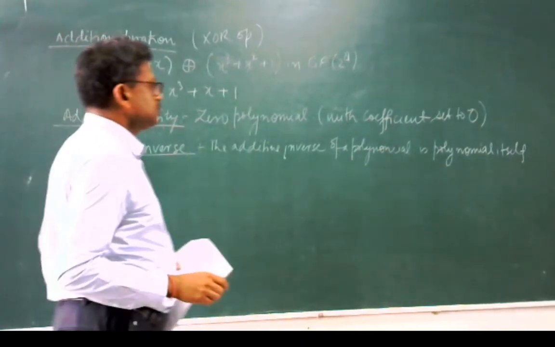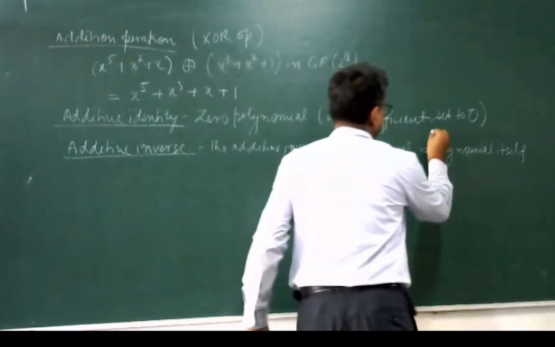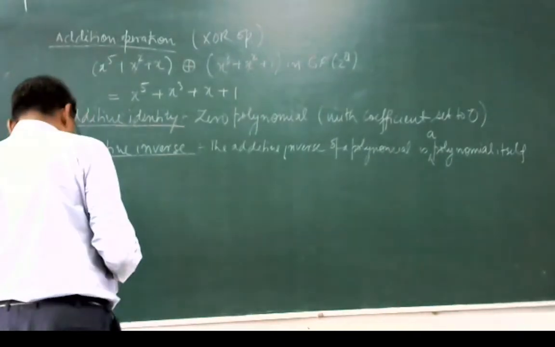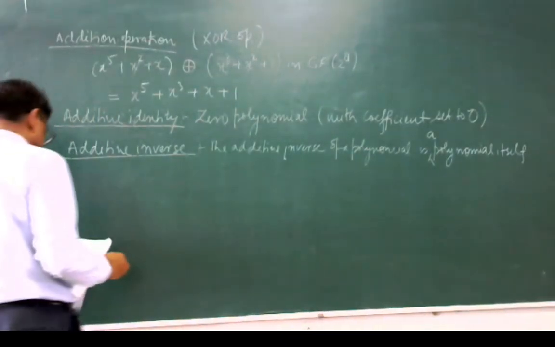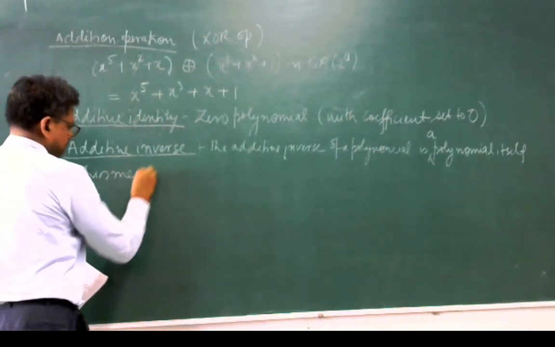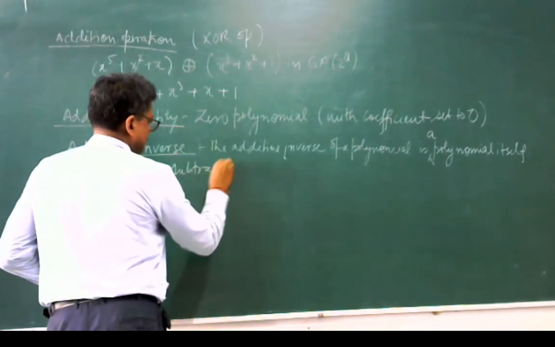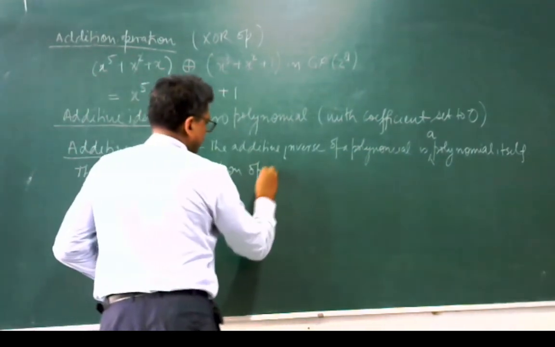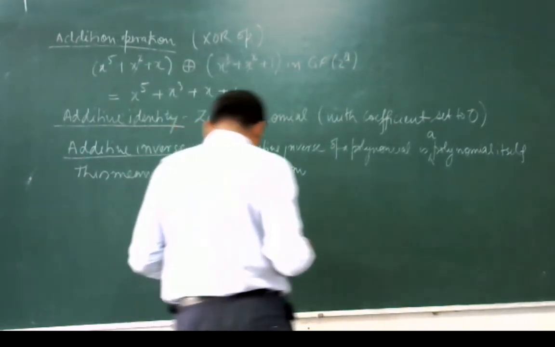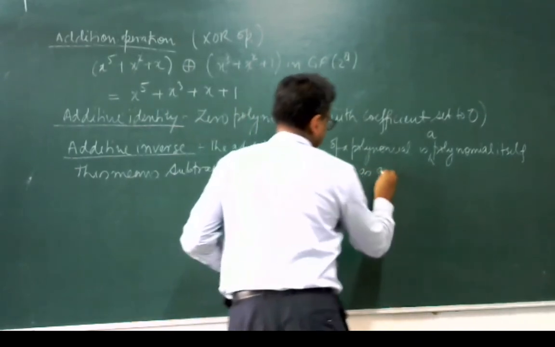The additive inverse of a polynomial is the polynomial itself. This means the subtraction operation is the same as the addition operation.